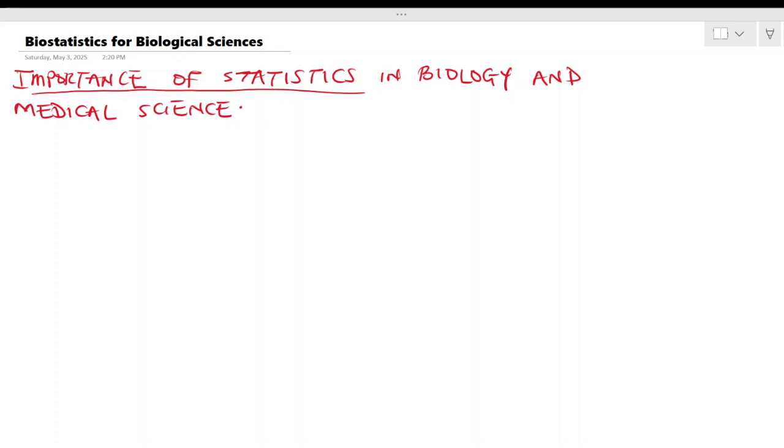The importance of statistics in biology and medical sciences has been recognized and used for almost 4 centuries or more. John Graunt in 1662 recorded and counted the death rate in London and made an alert system at that time.